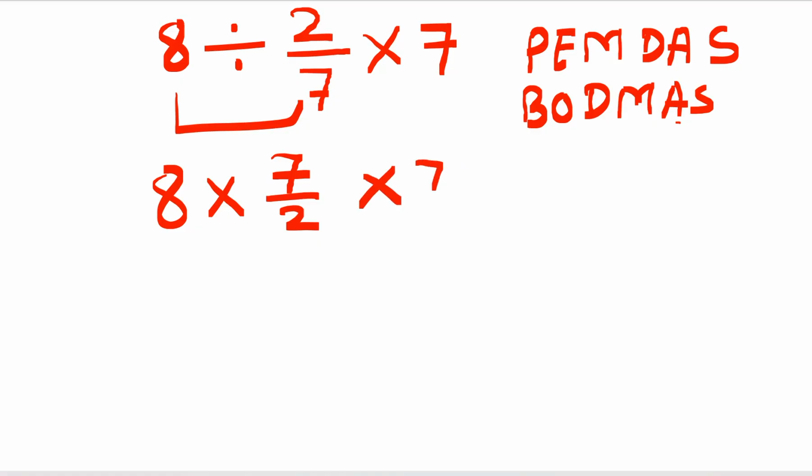into 7. So first will be divided: 2 1s are 2, 2 4s are 8, and 4 into 7 multiply by 7.